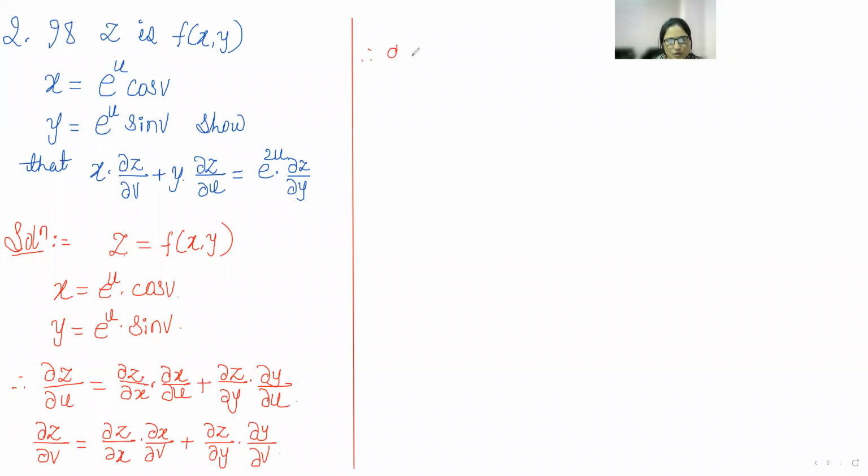So ∂z/∂u is equal to... tell me the derivative of z with respect to x.